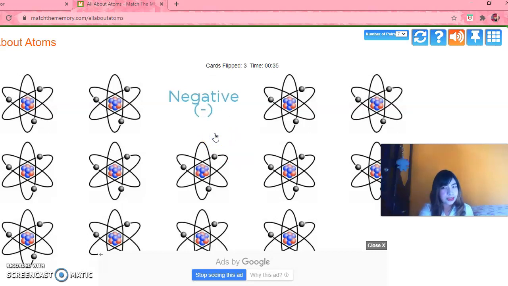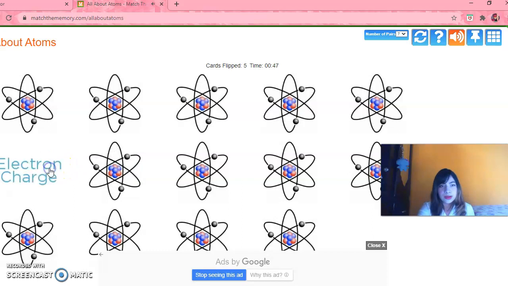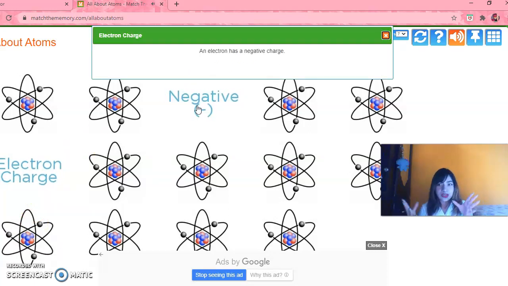So what is the negative part of an atom? It's the electron charge. So we are gonna look for electron charge here. Electron charge. So we match. As you can see, we are gonna match the correct information.